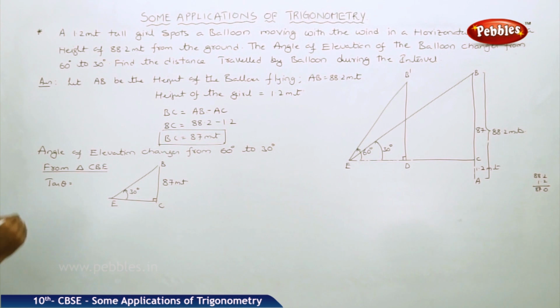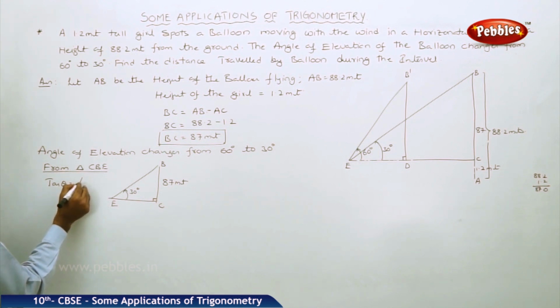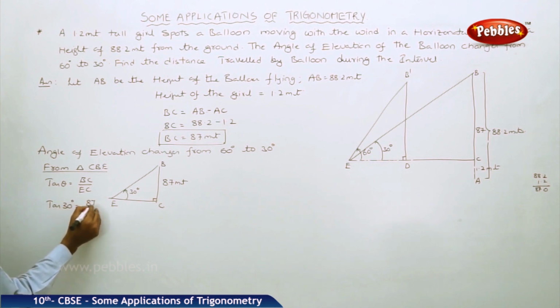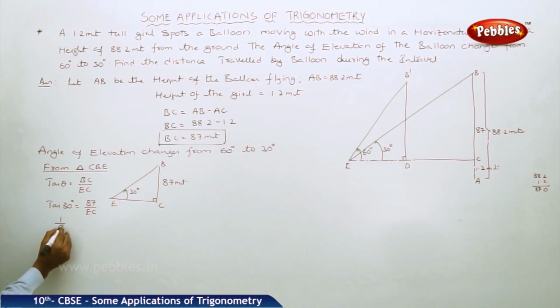Tan theta is equal to opposite side BC by adjacent side EC. Tan theta, the value of theta is 30. Tan 30 degrees is equal to 87 by EC. Tan 30 is 1 by root 3, which is equal to 87 by EC.